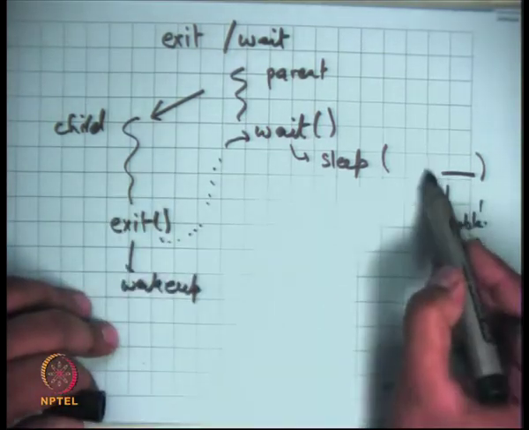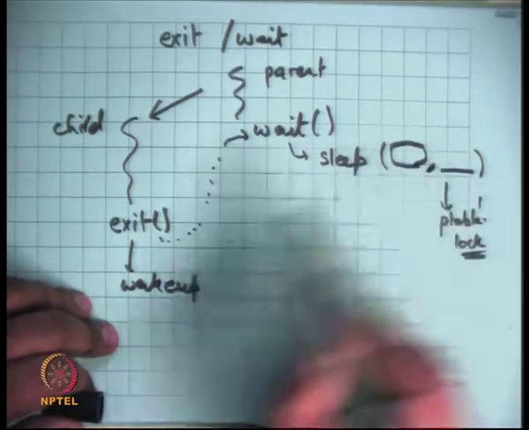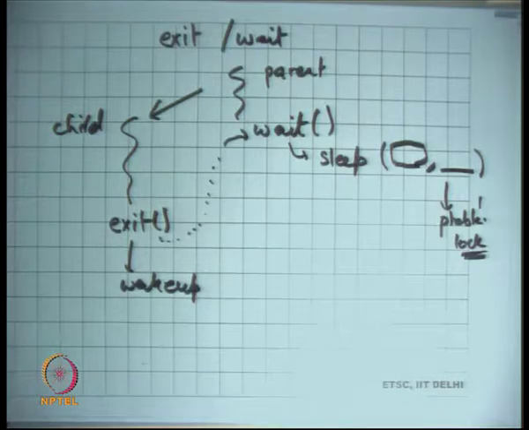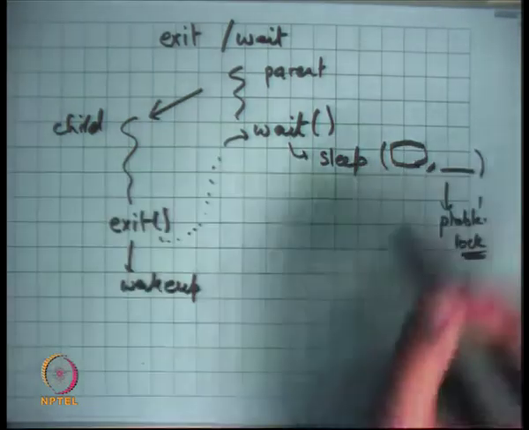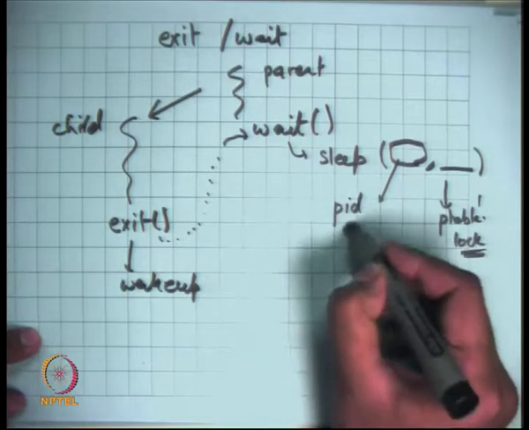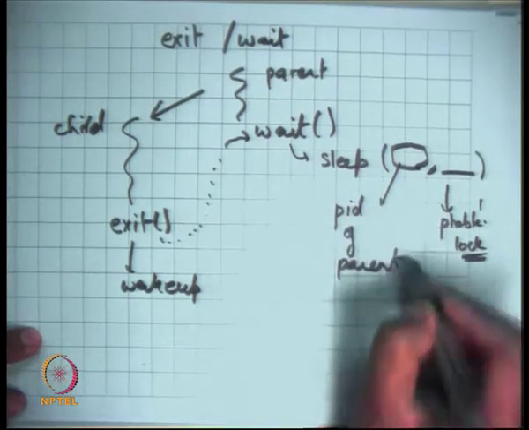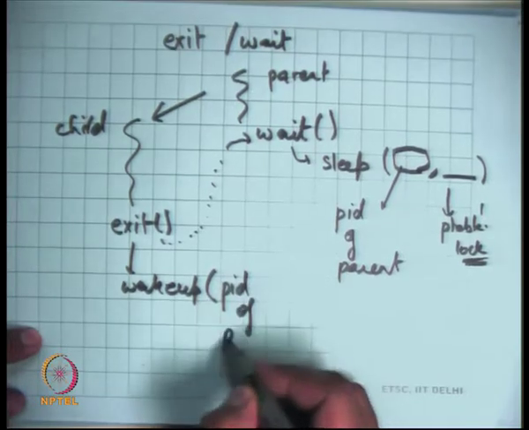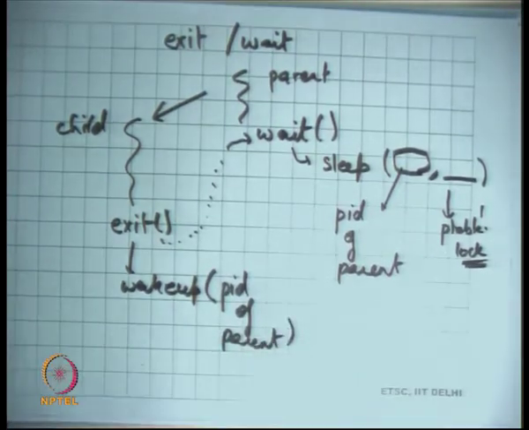Now the question is, what's the channel? What's the channel I should use? Process ID of parent. Great. I can say parent's process ID. Does that make sense? Why does this channel make sense?